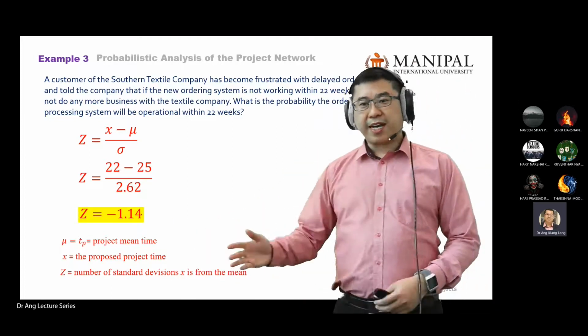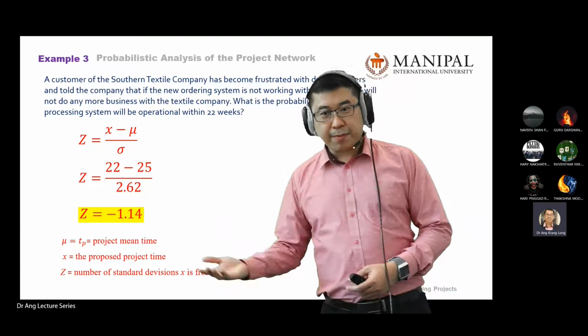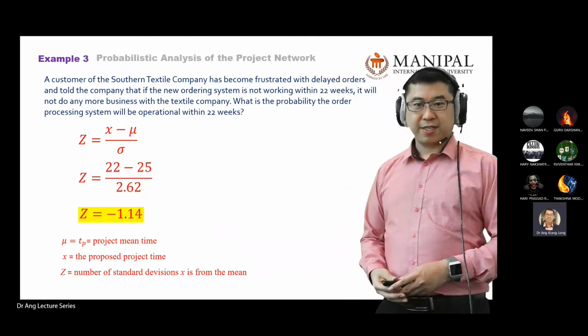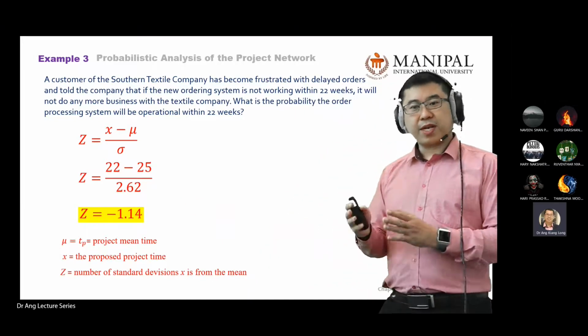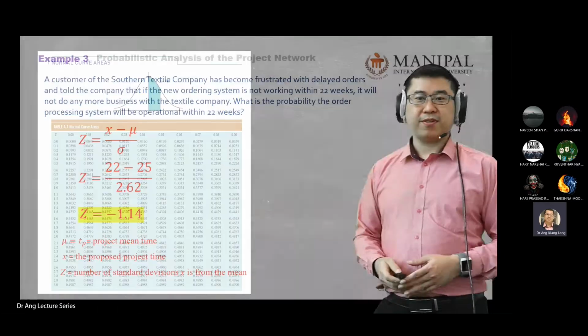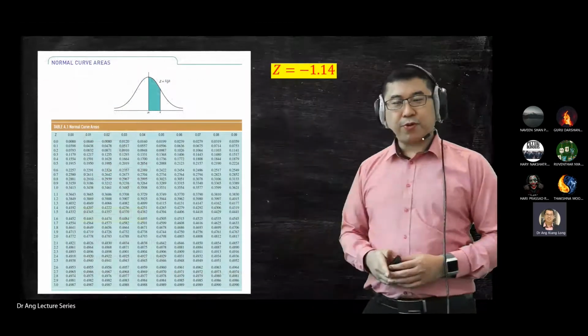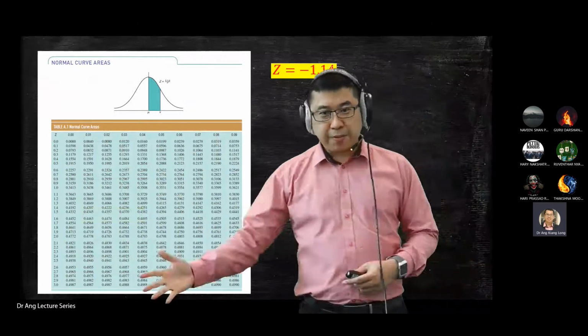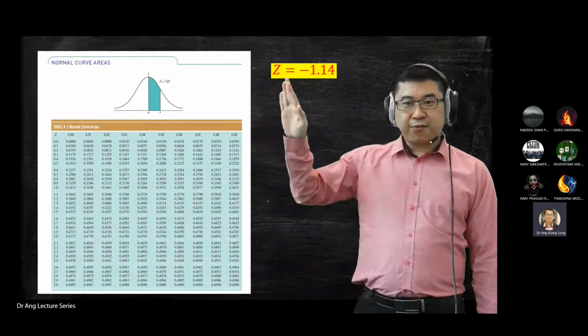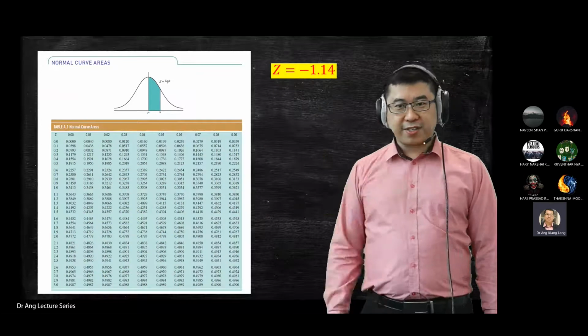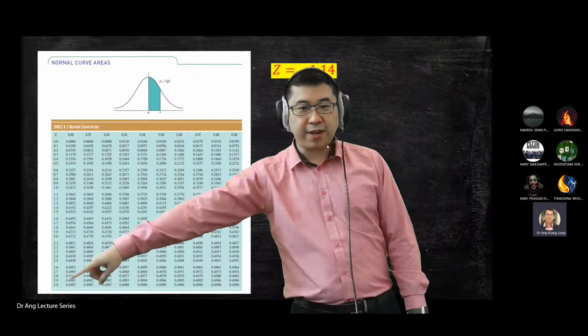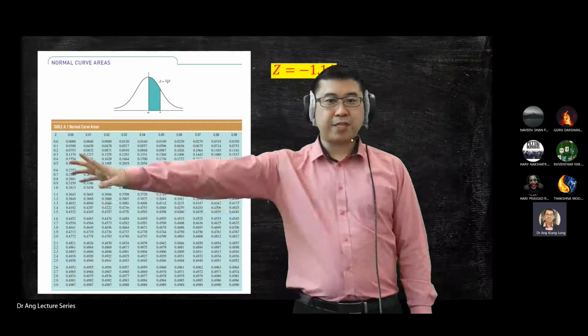Once you calculate Z, the automatic next step is to refer to the table. Okay, you get Z equal to negative 1.14. Refer to table. First, you ignore the negative first, because in this table there is no negative value, all positive values.